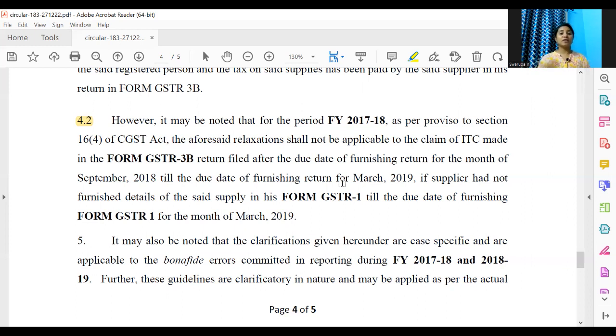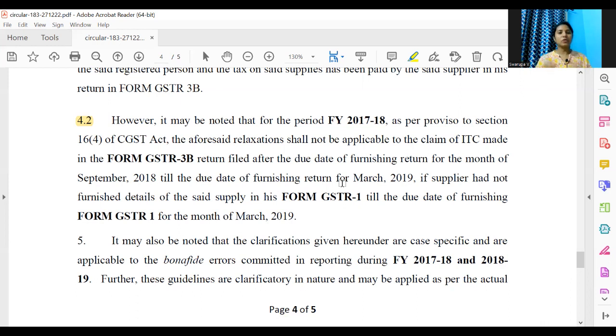But 17-18 being the first year of implementation, the government made a few relaxations and inserted a proviso to Section 16(4), which provides that you can claim ITC up to March 19, provided the supplier files his GSTR 1 and the details of the said supply are furnished in his GSTR 1.